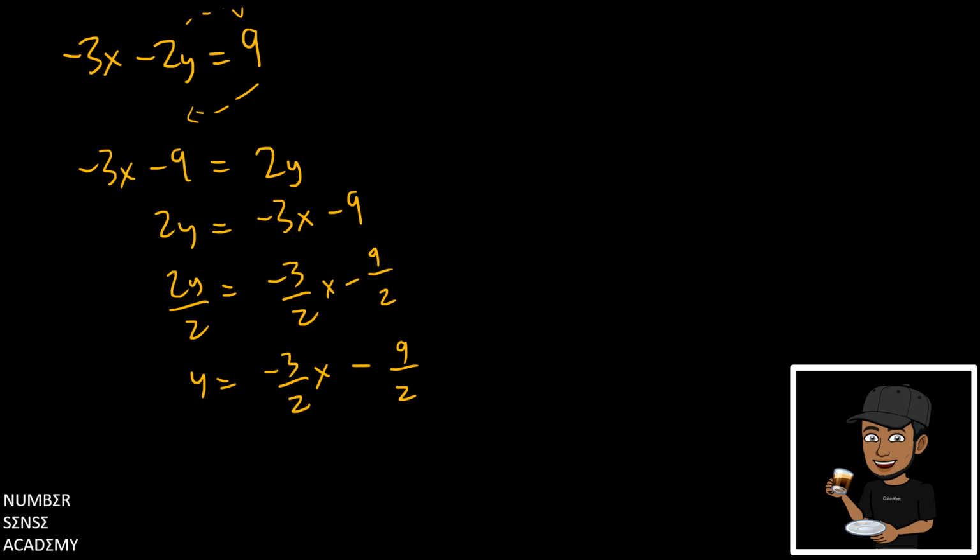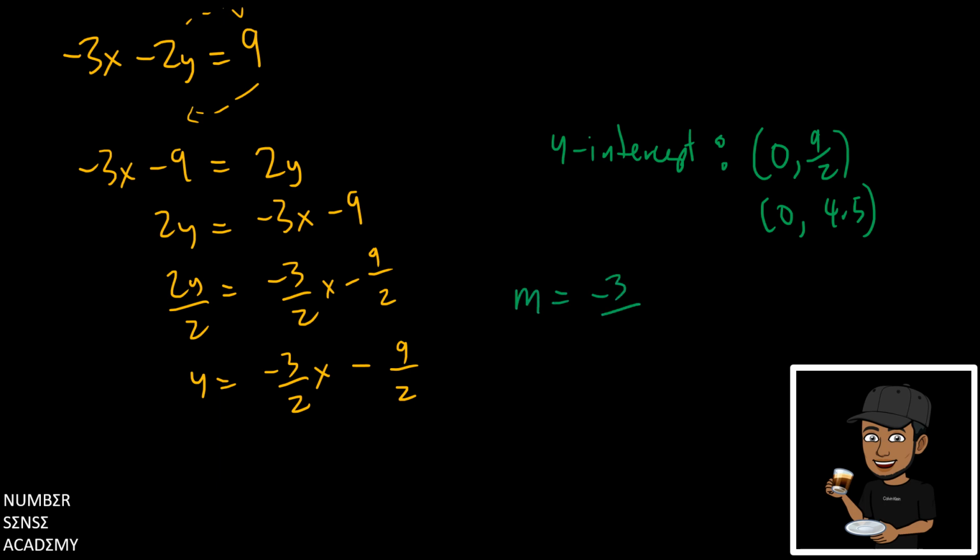So now let's speak about this. So we know that the y-intercept is 0, 9 over 2, or you could write it as 0, 4.5 if that's easy to understand. But then we have a slope that is negative 3 over 2, okay?